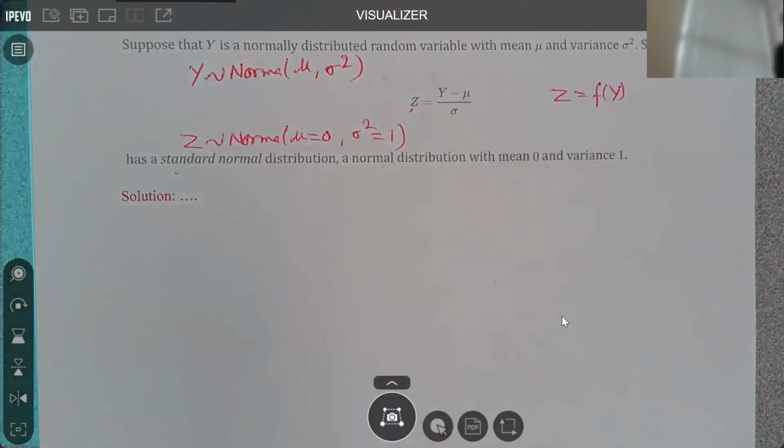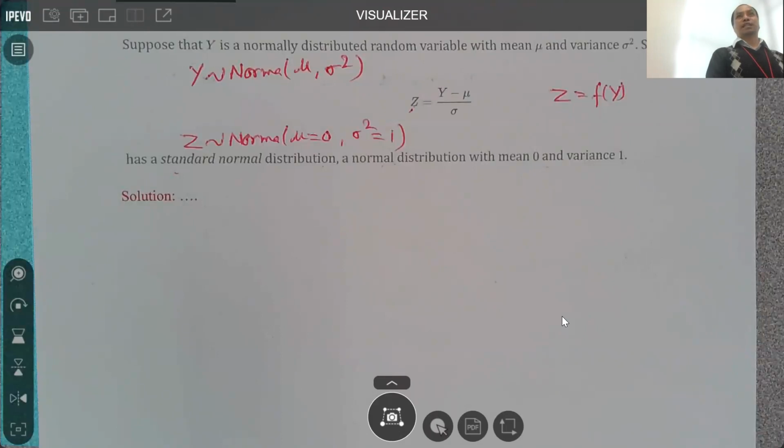Now, what are we going to do here? We want to find the moment generating function of G. Then we will compare the moment generating function of G with some known standard distributions and check whether they match.